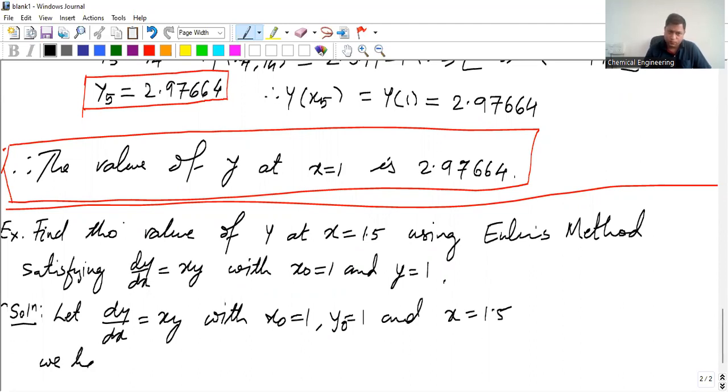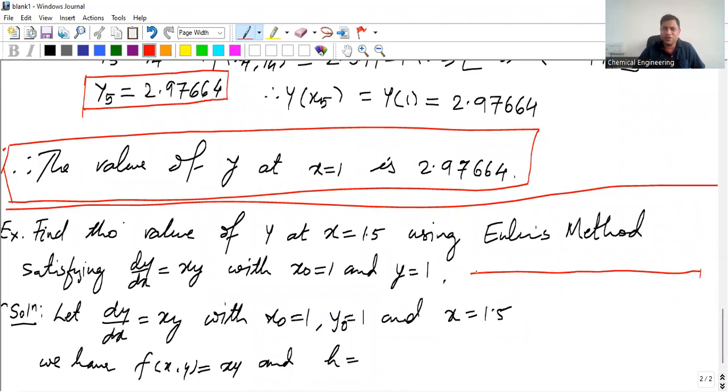So we have f of x, y is equal to x into y. And what will be h? What will be the value of h? 0.1. Yes, good.